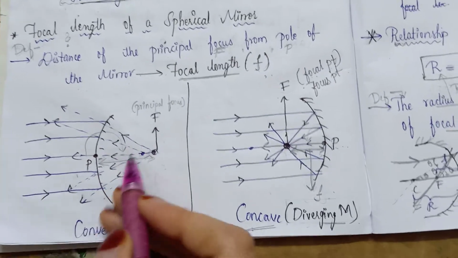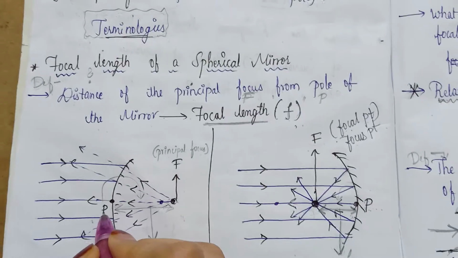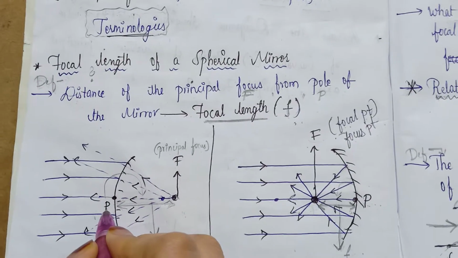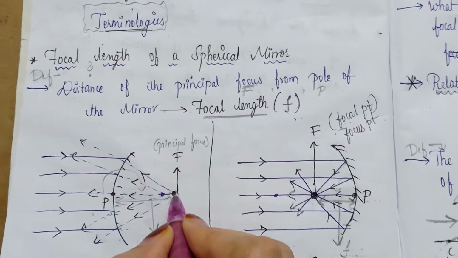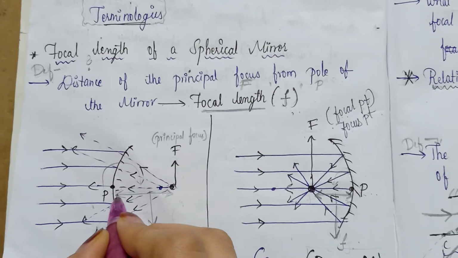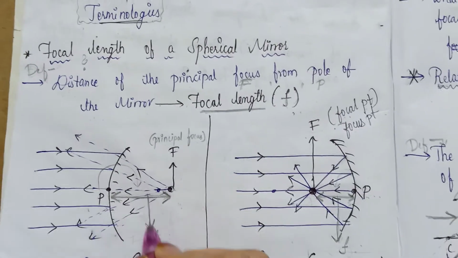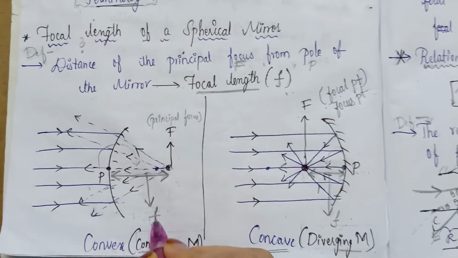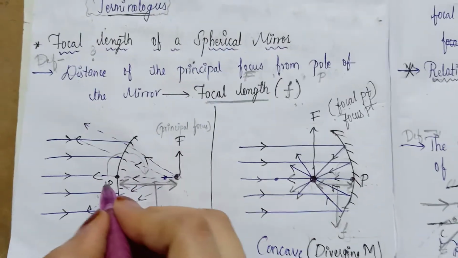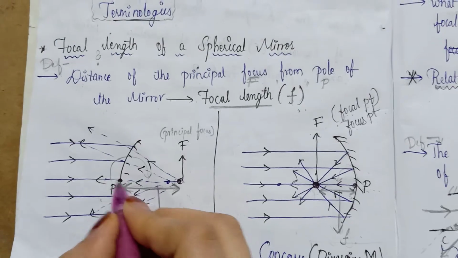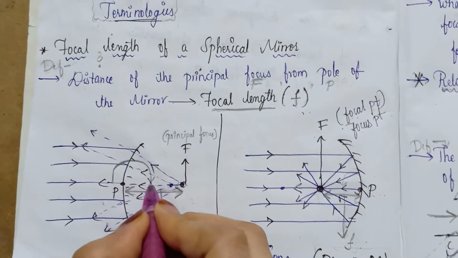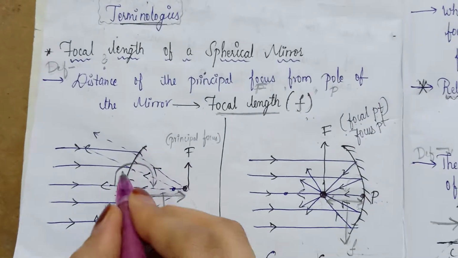Why do we say behind the mirror? Let us see. Here is our pole, and here is our principal focus. The distance between them is the focal length, small f. So the principal focus lies behind the mirror.